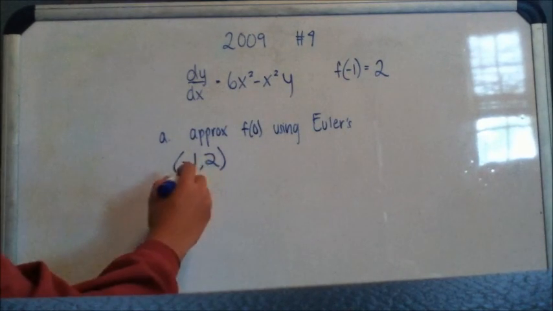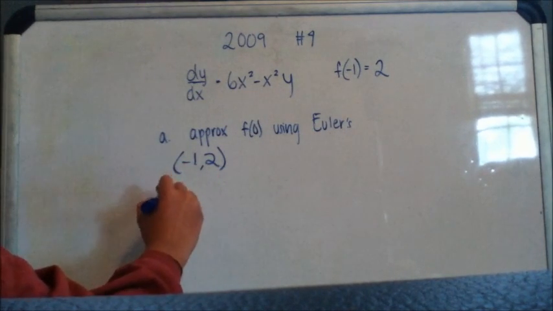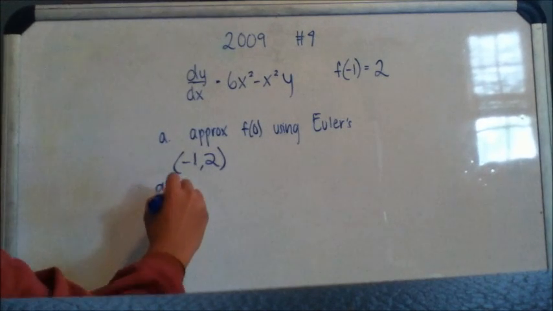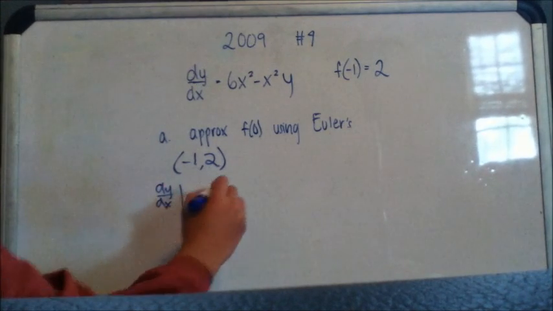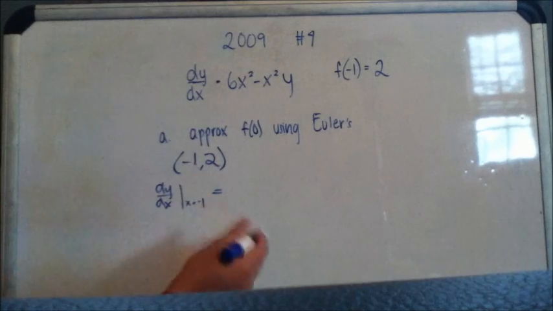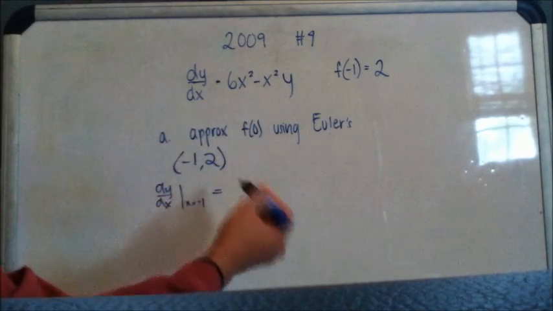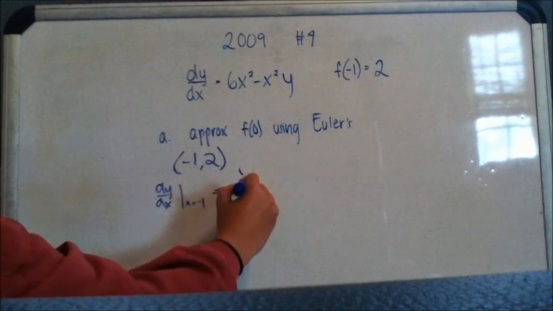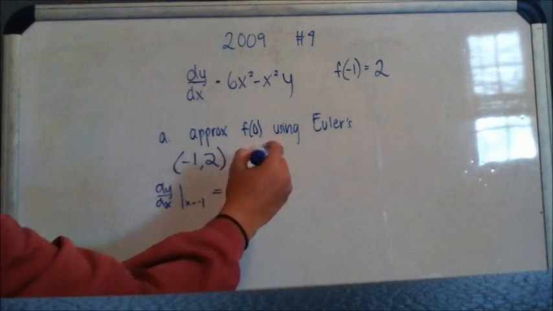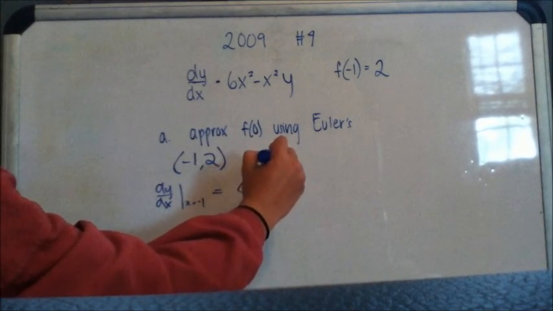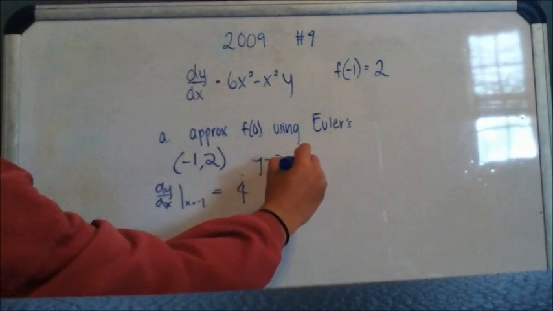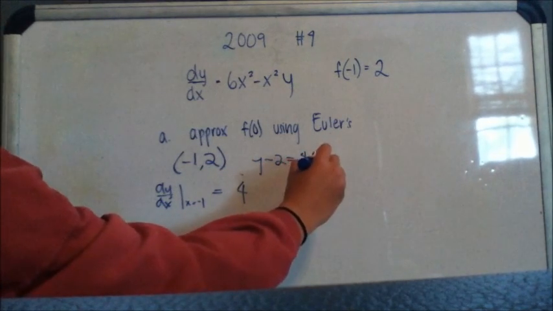So plugging in negative 1 and 2, we know that dy over dx when x equals negative 1 is going to be 6 times 1 minus 1 times 2, so 6 minus 2 is 4.